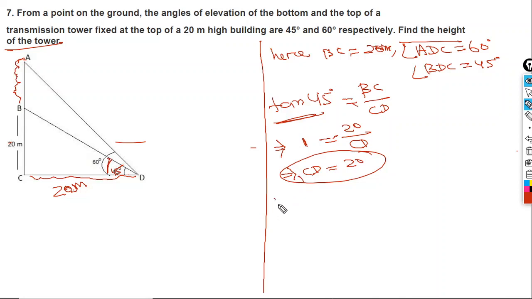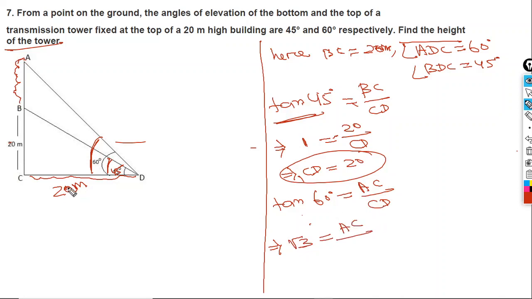We'll write again tan 60 degree. Look at the figure, tan 60 means this big angle. Tan 60 will be equal to AC by CD. You know the value of tan 60 is root 3. So root 3 equals AC by CD. We don't know AC, just write AC.